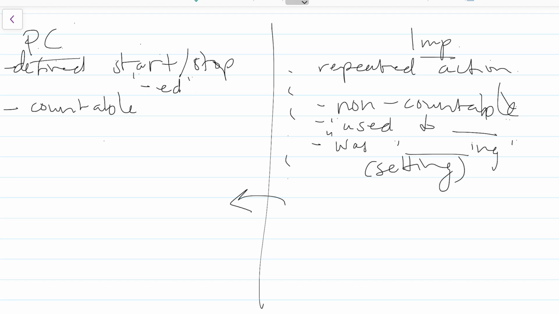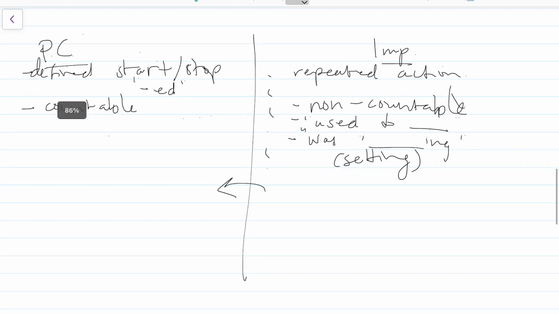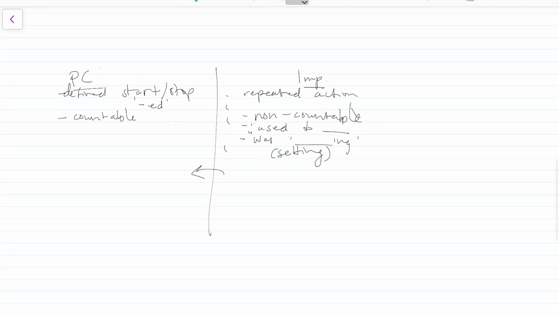So oftentimes we start off a paragraph with imparfait, and then it starts to get into passé composé after, because then you're talking about the prime action or the important parts of the story that you're trying to retell.